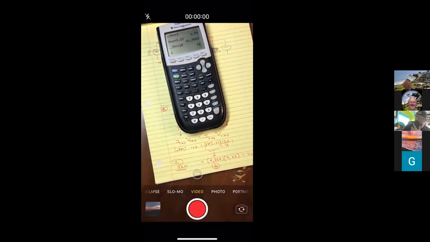So there's the answer to C. All right, that makes enough sense, I guess. And I'll just check. Let's see, 42, 4.55, and 9.23. Right, good.